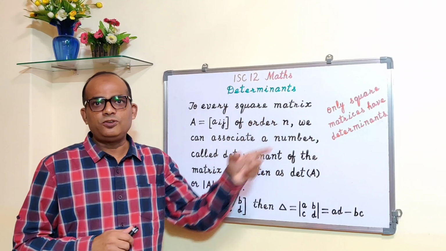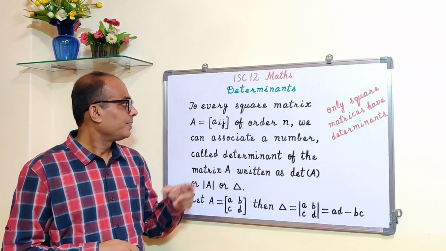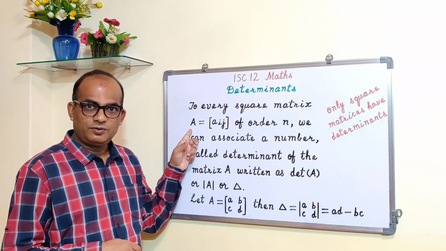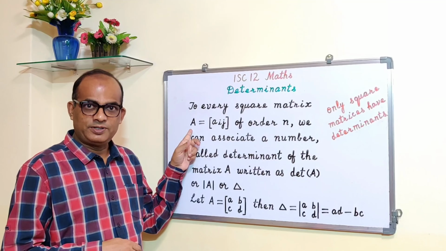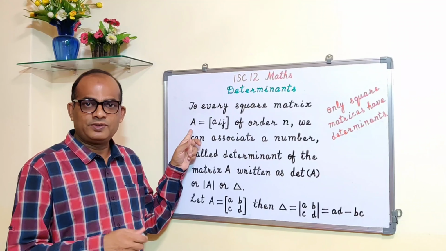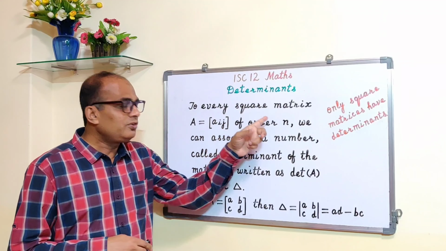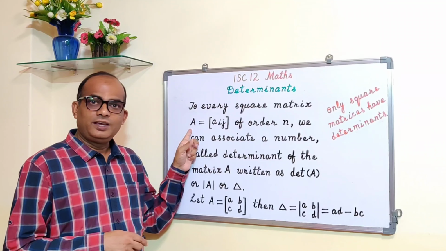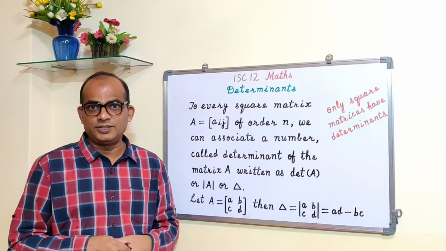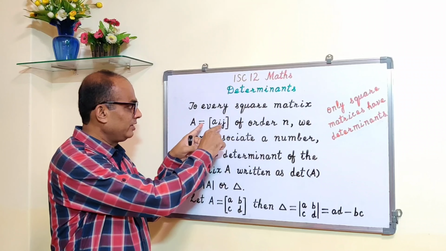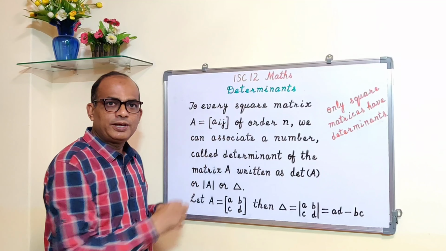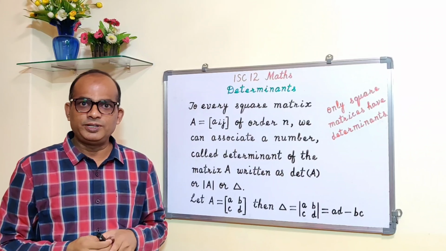To every square matrix, we are using capital A to represent a matrix. To every square matrix, A is equal to [Aij]. And you know, we write down within a square bracket the elements of a matrix.